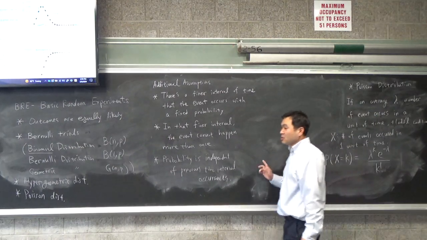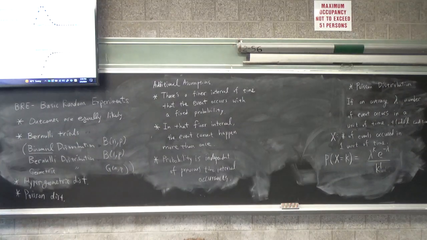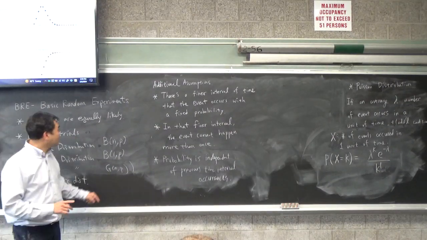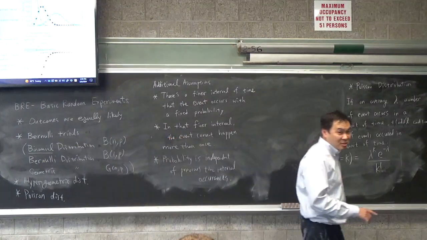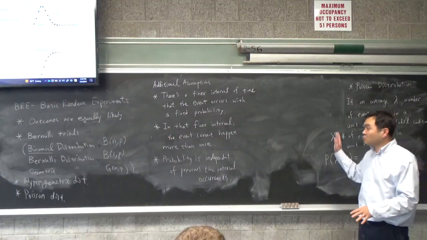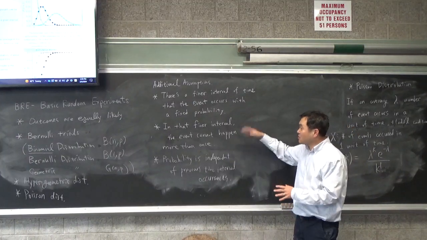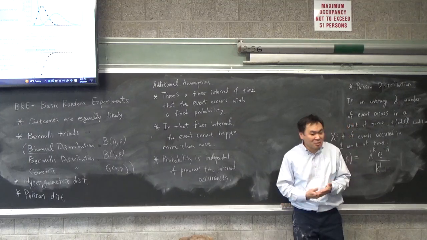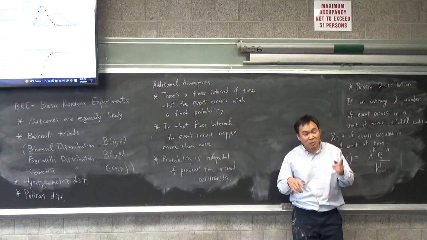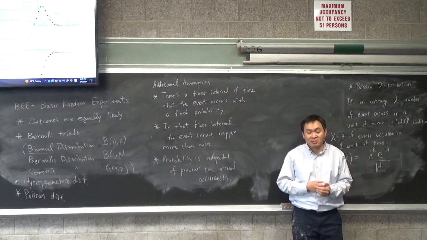Somewhat related to this is the exponential distribution, which is not in here because we're only doing discrete probability, and it's a continuous probability that's very closely tied to this one. I don't have time to do it today, but I'll explain it in the next class.